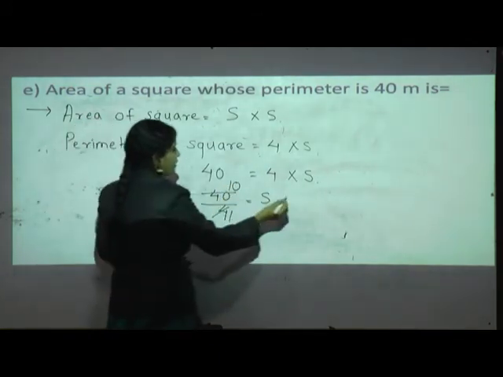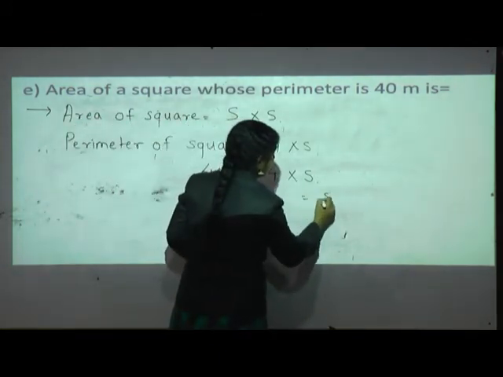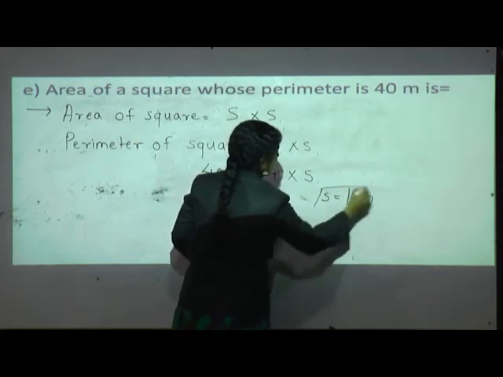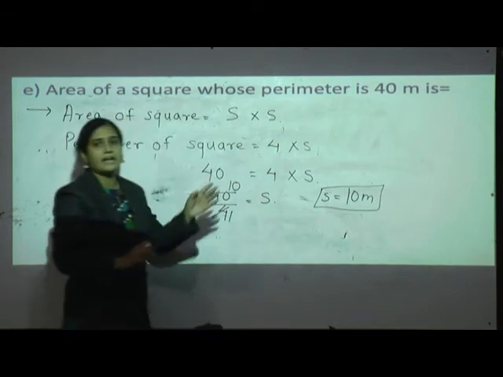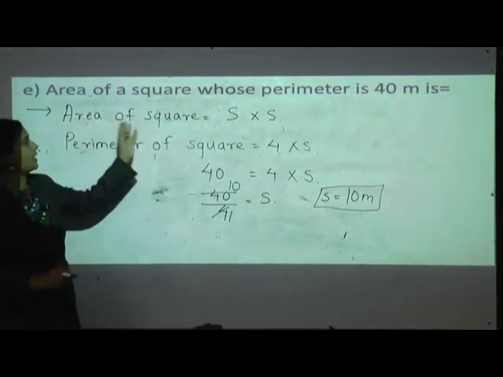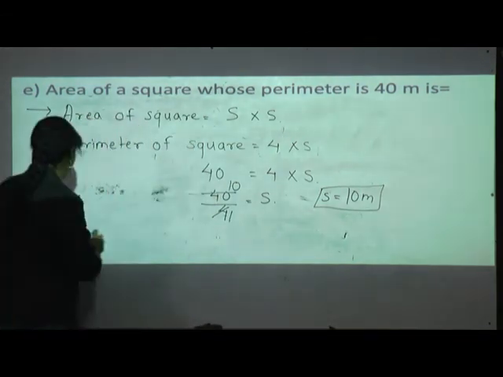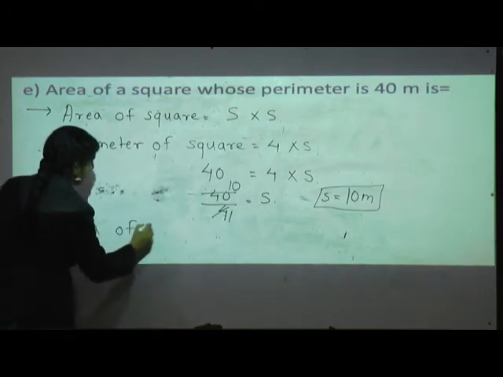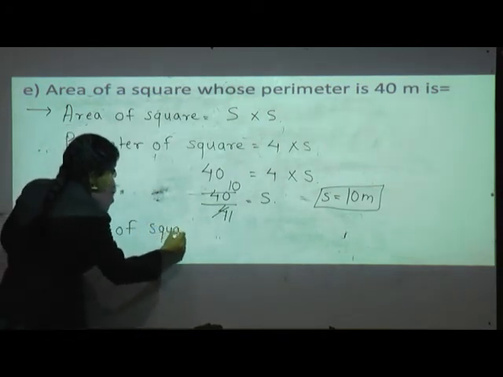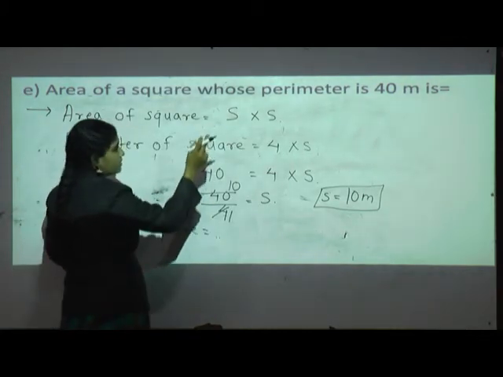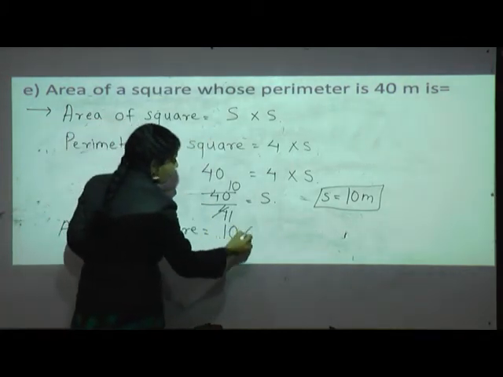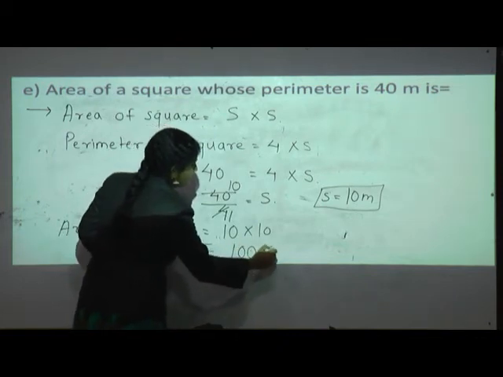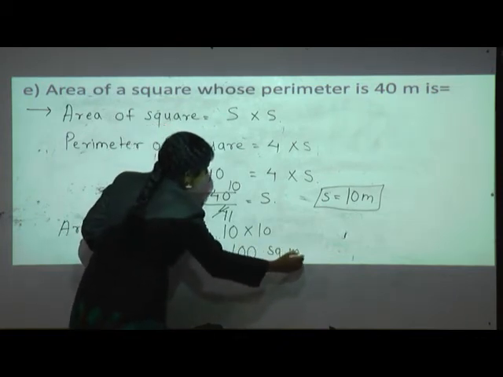So side of a square is equal to 10 meter. Now we got the side of a square, so we can find area of a square. So area of square is equal to, yes students, how much? Very good, 100 square meter.